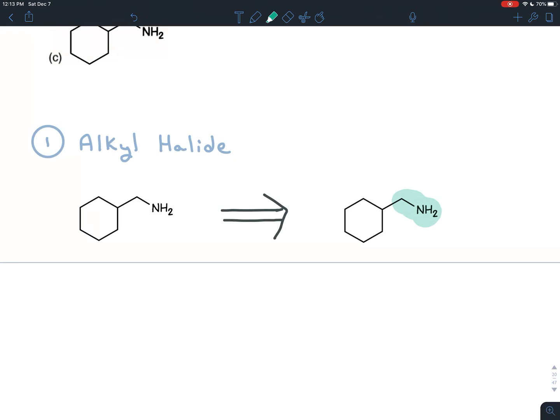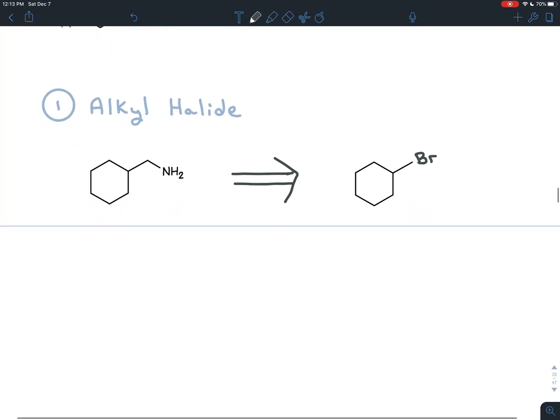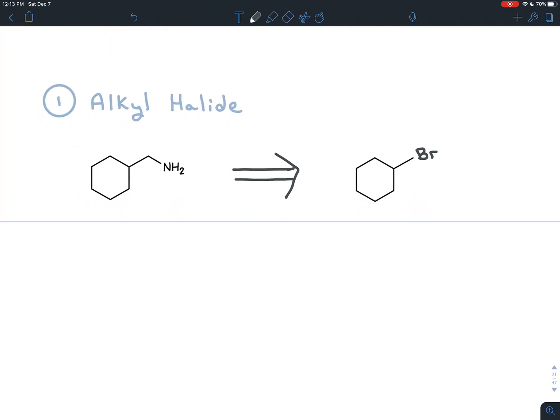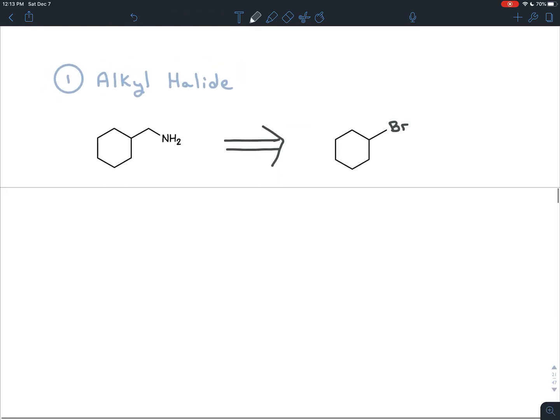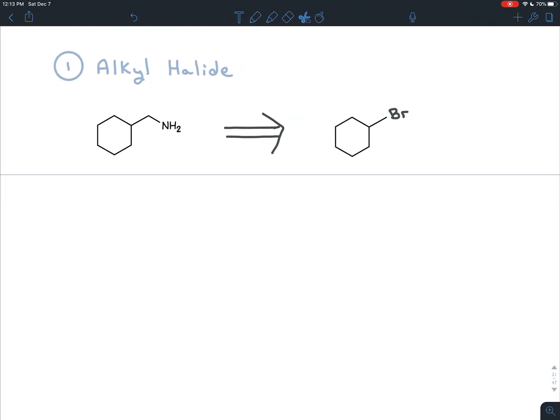Those are both going to come from a cyano group, so we want to erase those. And where the carbon was, you'll add a leaving group. Notice this is not a carbon anymore, it's a bond to the bromine. We removed the carbon there. Now I'm using bromine, but you could just as well use chlorine or iodine. So that's the alkyl halide we'd want to start with.